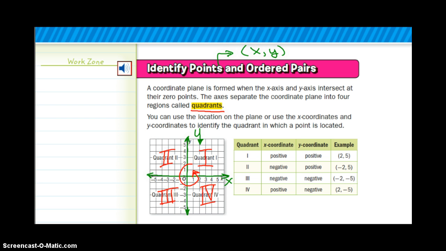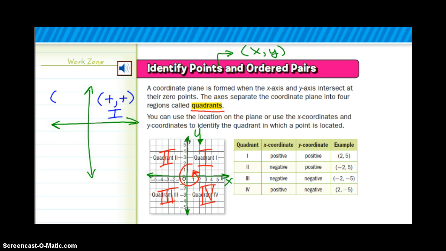Now let's draw another coordinate plane over in the margin. I want to talk about the points and what signs they will be. In the upper right hand corner in quadrant 1, your coordinates will both be positive. Again, that's quadrant 1.